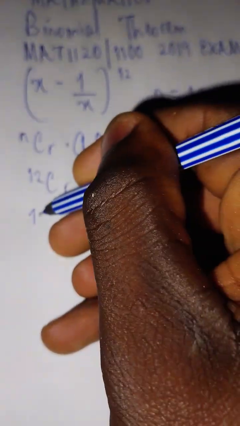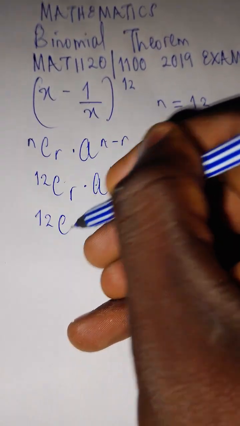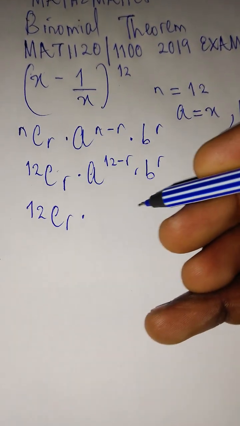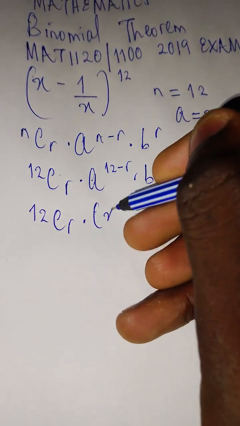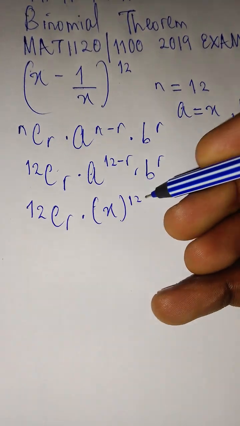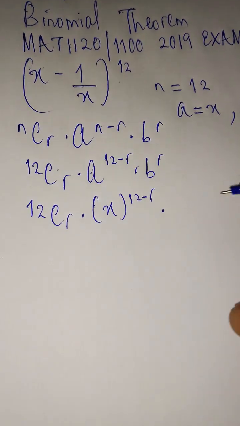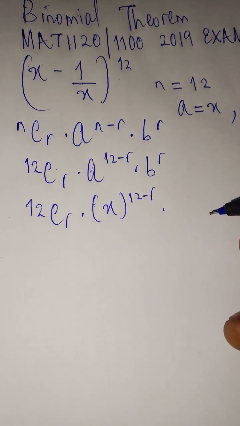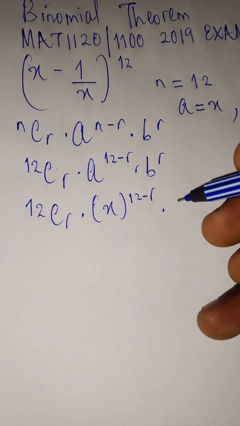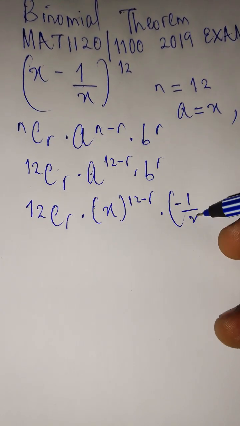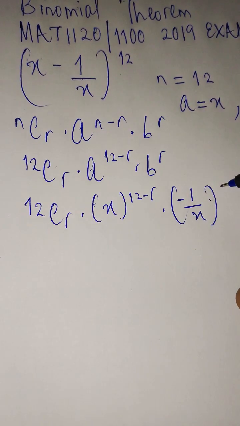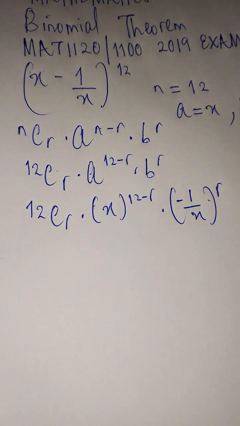I'm going to say 12 combination r dot, where there's a, I'm going to substitute x, then raised to the power 12 minus r multiplied by b, that is the second term, negative 1 over x, then raised to the power r.